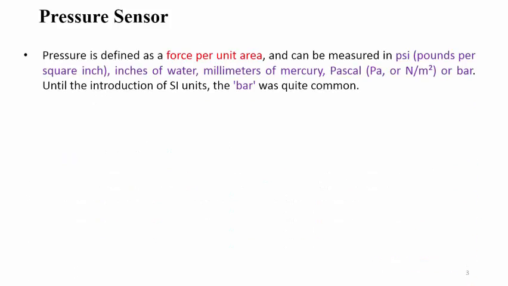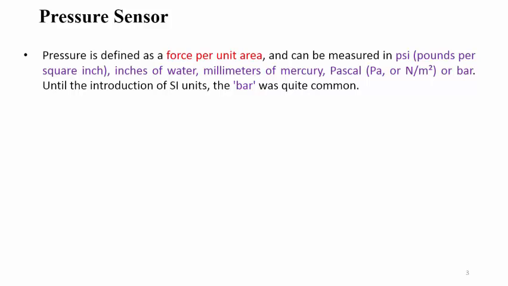First we will see the basic fundamentals related to the pressure sensor. Pressure is defined as force per unit area and can be measured in PSI, that is pounds per square inch, or inch of water, or millimeters of mercury, or Pascal (Pa), or newtons per meter square, or bar.